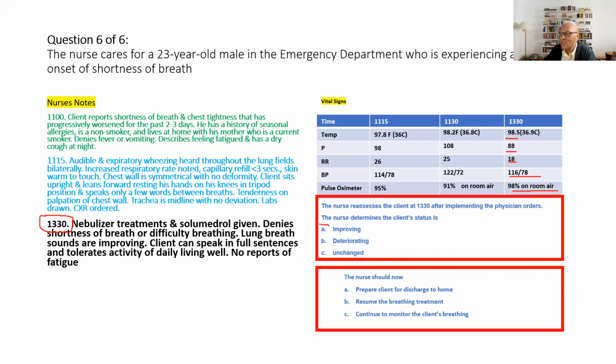All right, so this is A. And the nurse should prepare the client for discharge, resume the breathing treatment, or continue to monitor the client's breathing. All right, and you already answered A. Yes, that's correct. Prepare the client for discharge. There's no reason for the patient to be admitted.